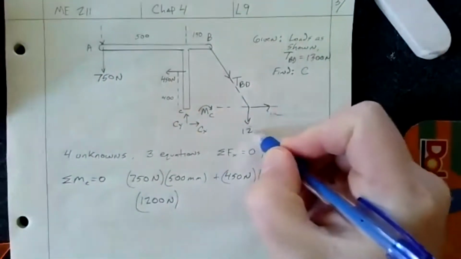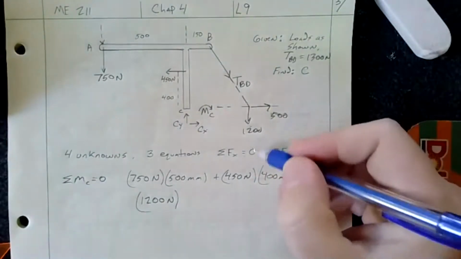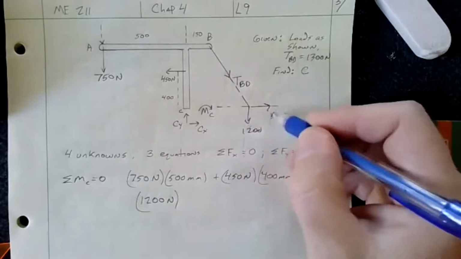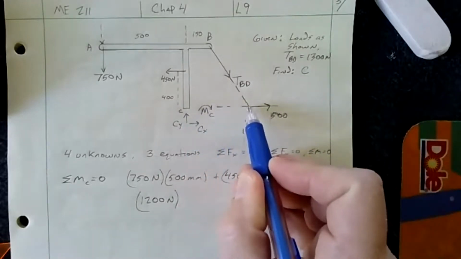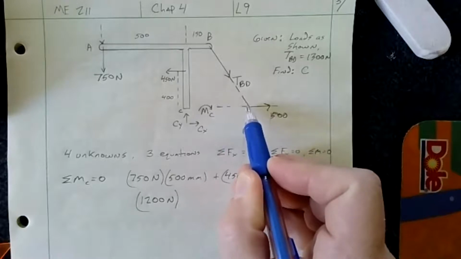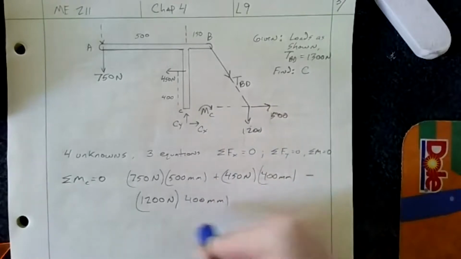This part's 1200, this part's 500. So I have the 1200 newtons there, the 500 doesn't have a contribution, and this distance from here to here, if you look back on the original slide, was a distance of 400 millimeters.